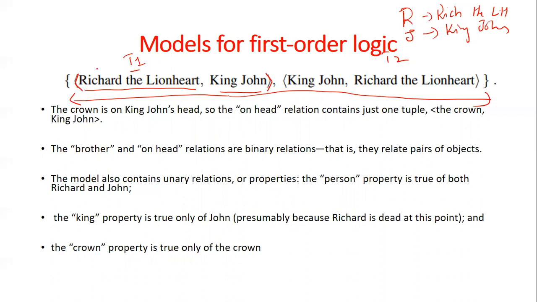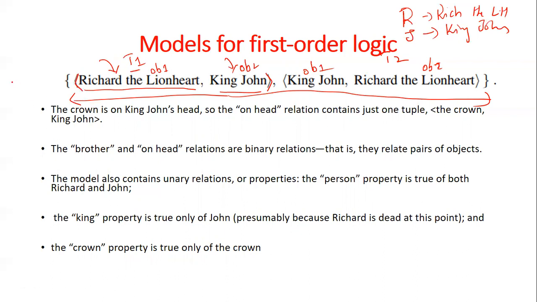Tuple 1, if you see, contains two objects. What are they? The first object is Richard the Lionheart. The second object is King John. So this is object 1 and this is object 2. Whereas tuple 2 also contains two objects, but here King John is the first object and this is the second object, right? So what is the definition of tuple? If you recall, a tuple is a collection of objects in some order, whereas a relation is a collection of tuples.